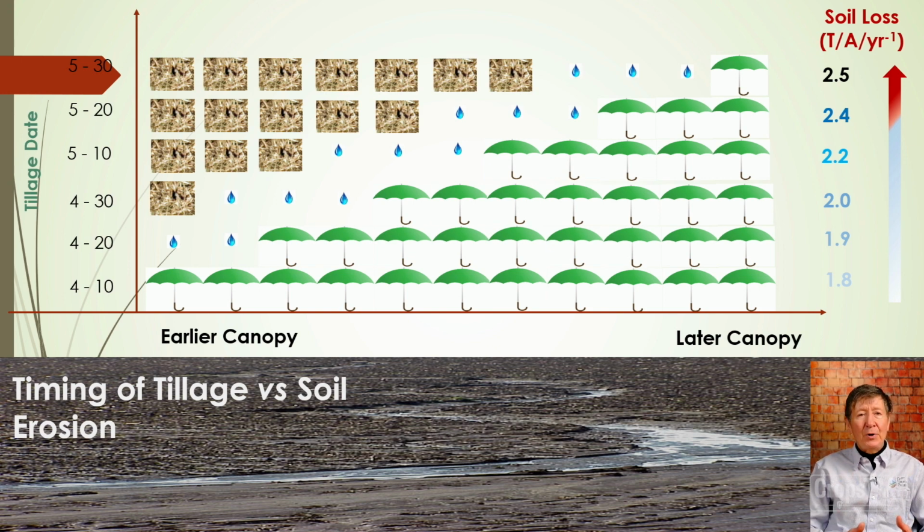So there is a time period between when we till and plant and when the crop grows, you see the umbrella, in which we have a vulnerable window for soil erosion. Soil is bare for more time related to the tillage and planting, and then covered by the canopy. We see this window of vulnerability progressively moving later into the spring.